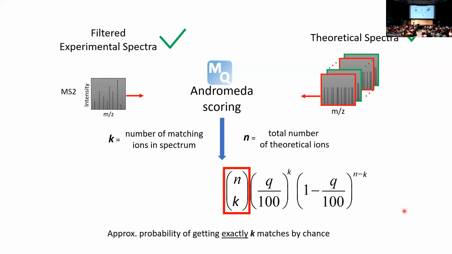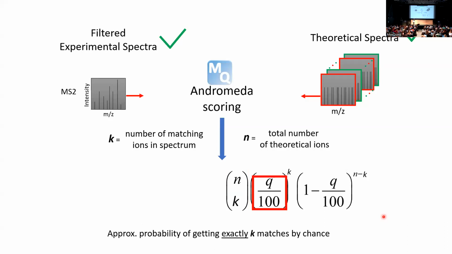First, you get these combinations, N choose K, the different number of combinations in which I can get K matches from N peaks. This is the first thing in the formula.